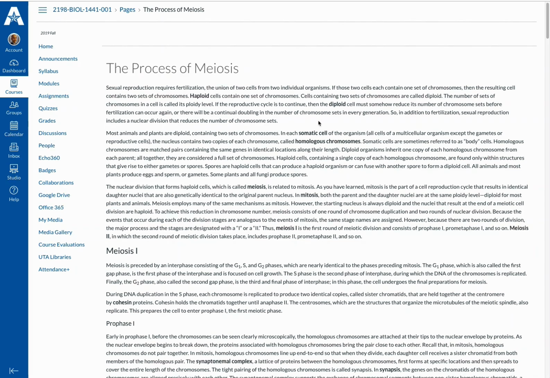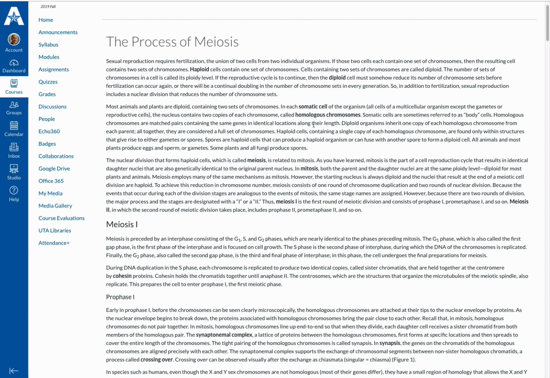So just a way to remember this would be you start with a diploid cell. It's got 46 chromosomes. It replicates all of that DNA, so it'll then have 92 chromatids.